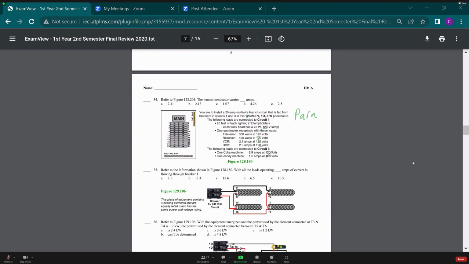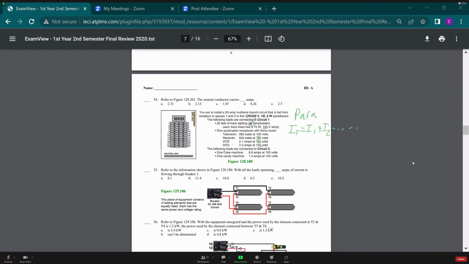I'm applying 120, so I can take these nameplates as gospel. I know that in parallel, I total equals I1 plus I2 and so on. In this case, I'm just going to find the amps of each of these things and add them all together.